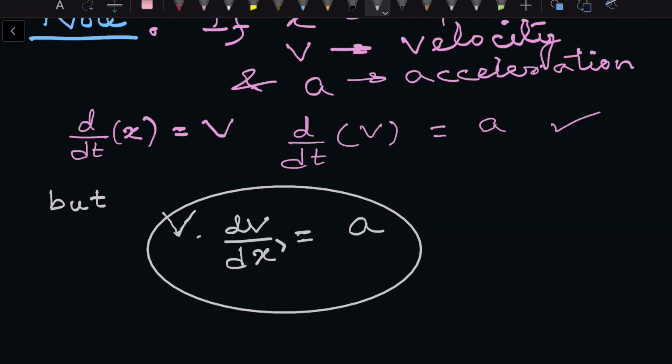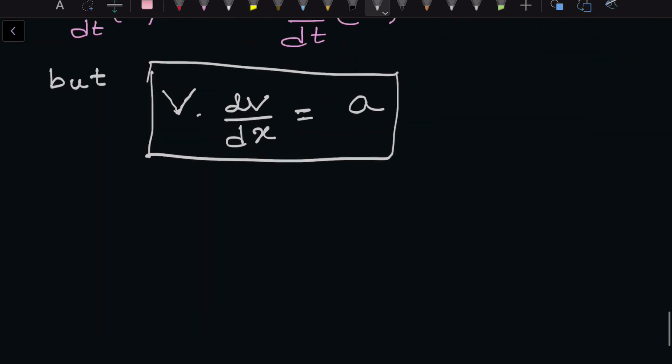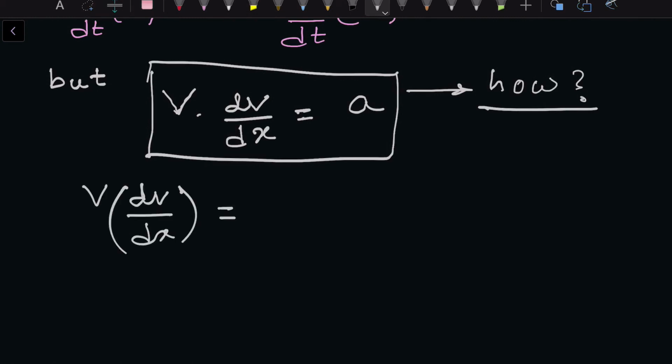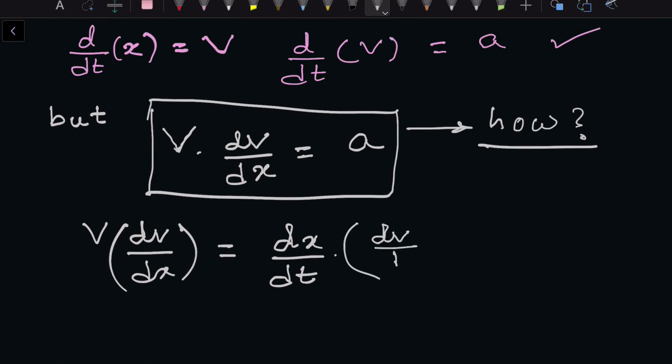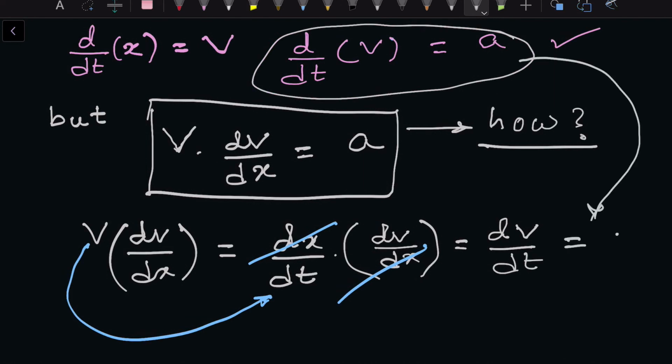Now, how does this happen? v dv by dx equals a. See this. We can write v as dx by dt, as we know, then dx cancels out. So dv by dt is what, a? That's why it is important.